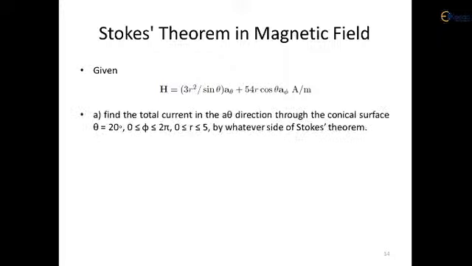In part A, we are asked to find the total current in the a theta direction through the conical surface defined by theta equal to 20 degrees, phi ranging between 0 to 2 pi, and r ranging between 0 to 5 units, by one side of the Stokes theorem. And then part B: check the result by using the other side of the Stokes theorem here.